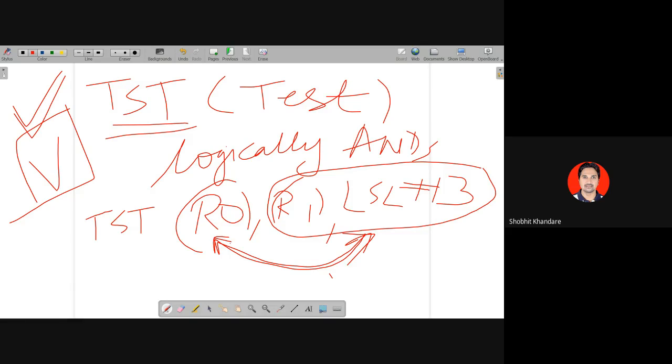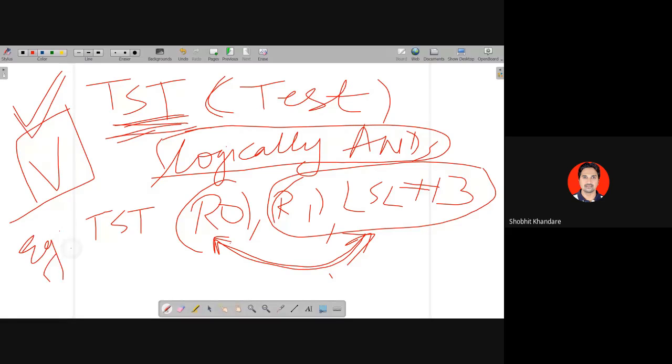Okay. Now let me tell you one more thing about this. You can use this TST to determine if many bits of a register. It's better you write down this. आपने TST लिखा, TST लिखो, ब्रैकेट में टेस्ट लिखो, बाद में लिखो कि performs logically AND operation, बाद में एक एग्जांपल लिखो. एग्जांपल है TST R0, R1, LSL #3. पहले लेफ्ट शिफ्ट होगा. ओके, so can I say it is nothing but R1 multiply by, tell me how much?